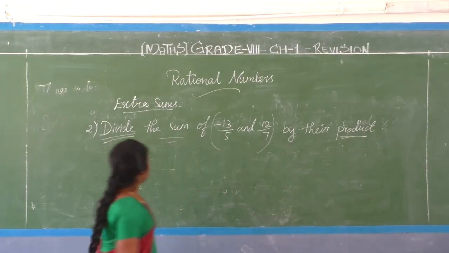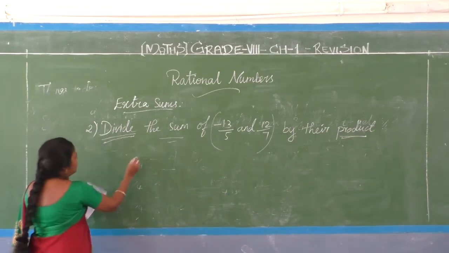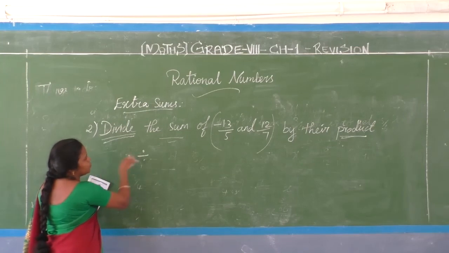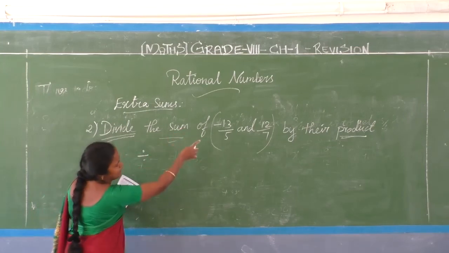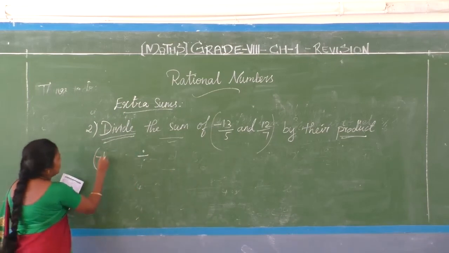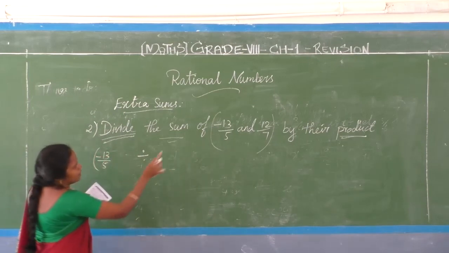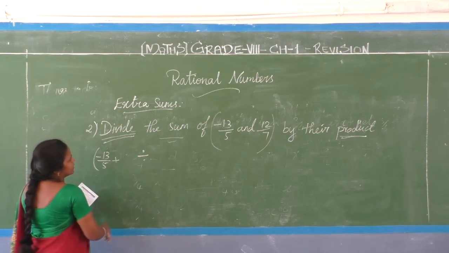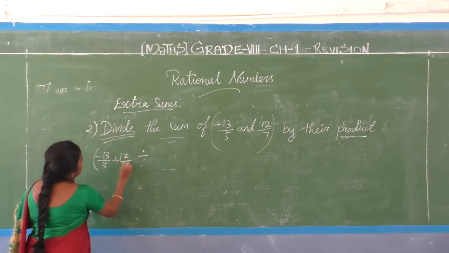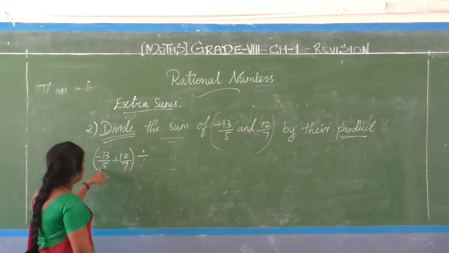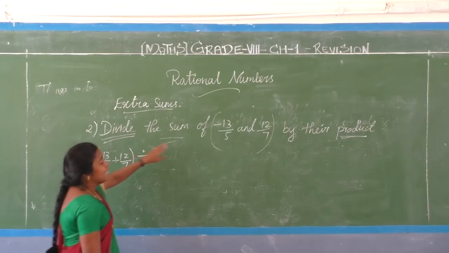Did you understand? We have to divide. Which is to be divided by which? The sum of which two rational numbers is given? Minus 13 by 5. Sum is nothing but addition, plus 12 by 7. So the sum of minus 13 by 5 plus 12 by 7 is to be divided by their product.